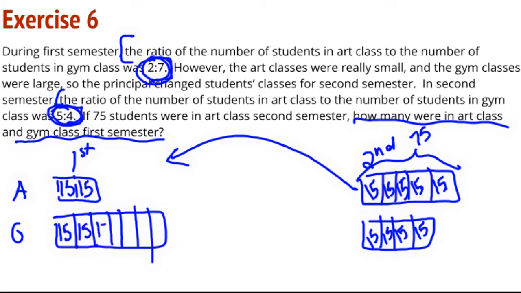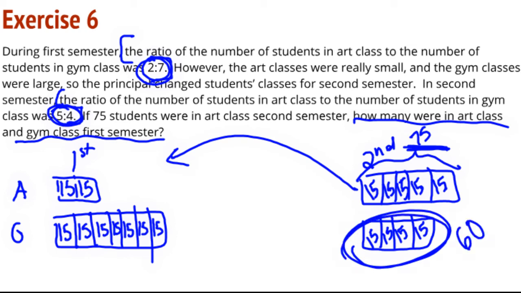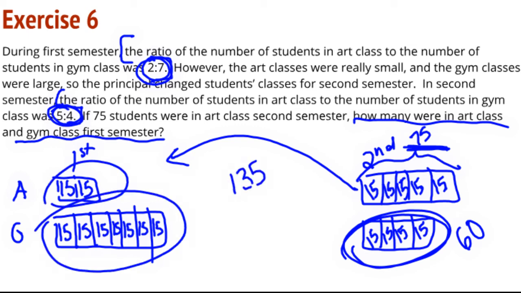Now, if somebody were to ask you how many total students there were, you know that this tape diagram is worth 75. This one is 15 times 4, which would be 60, and you would know that there are 135 students. You could then take the 135 students, and you could say that it is split into 9 parts. And we would find that each part is equal to 15.